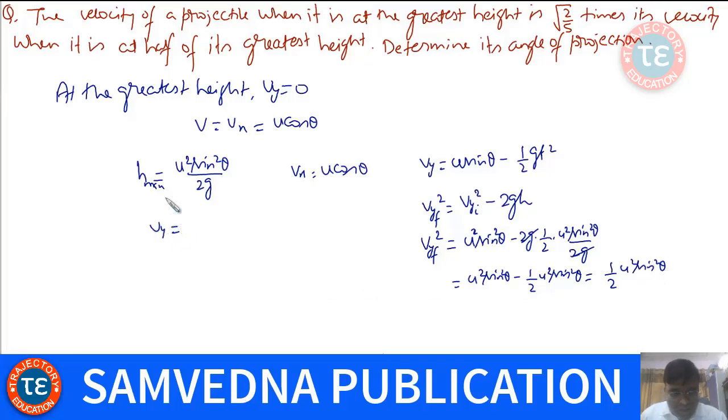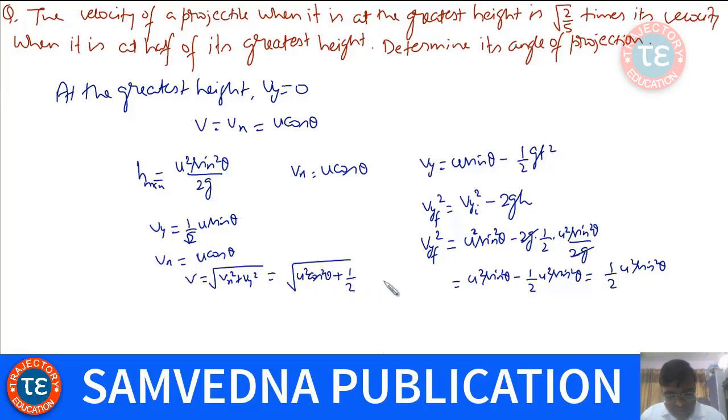So Vy at half of H max is 1 by root 2 u sin theta, and Vx always remains the same, that is u cos theta. So velocity is going to be Vx square plus Vy square, so that comes out as u square cos square theta and 1 by 2 u square sin square theta, which is root 3 by 2 u.